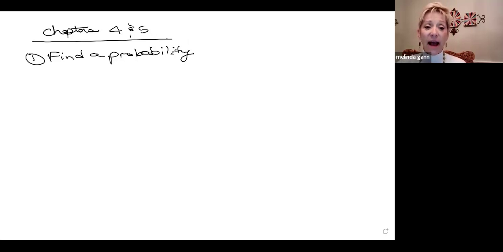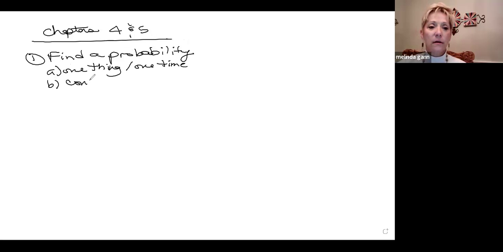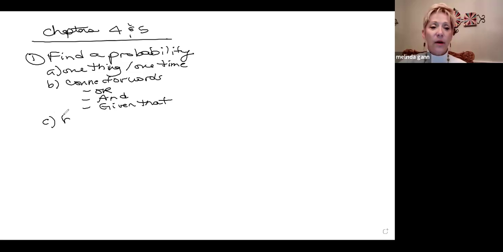If I ask you to find a probability, there are 3 types: one thing, one time; connector words, and the connector words that I went over are or, and, given that; and then binomial. So if I ask you to find a probability, you've got to decide which of those types you have.